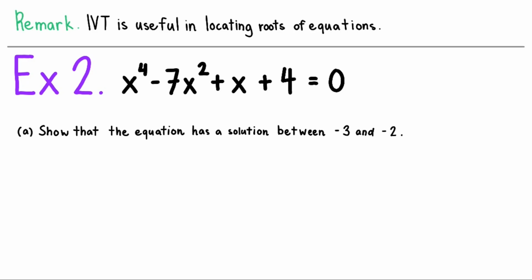So we first let this expression be f of x. So just take note of that one. And we take note, what does it mean to have a solution between -3 and -2? So we know that in an equation, a solution occurs when we plug in a value.